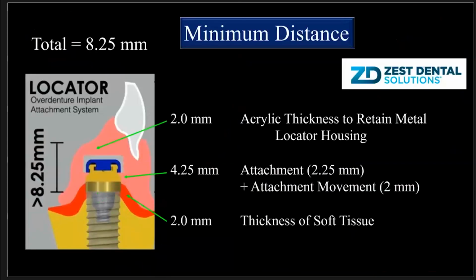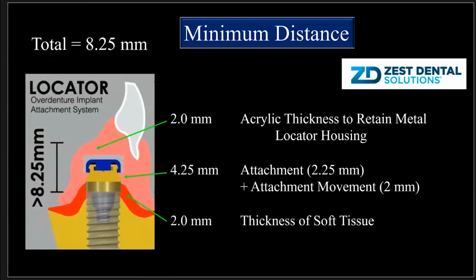If we look at this slide, this is from Zest's website talking about the Locator, where they say you can get away with 8.25 millimeters of distance, but they don't talk about really any of the variables. Are we in the anterior or posterior here? So if we look at this slide from their website, you need 2 millimeters of acrylic thickness to retain the metal housing. You need about 4.25 millimeters for the attachment and to allow some movement.